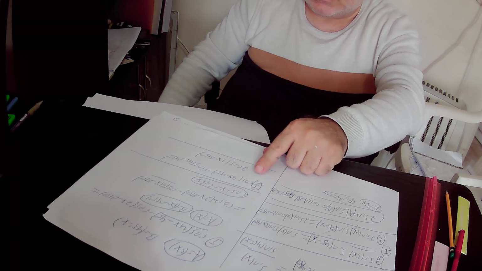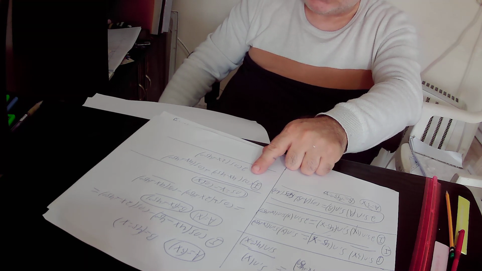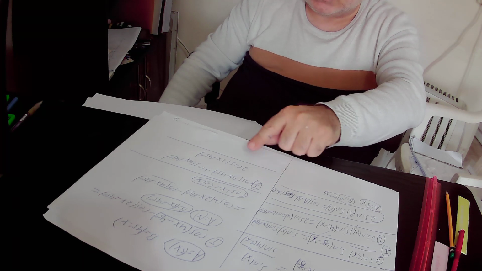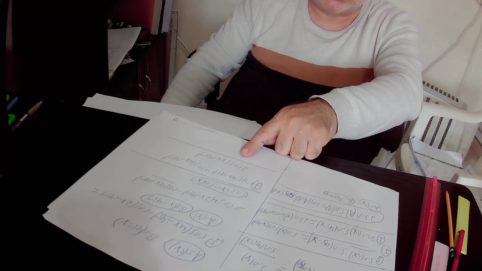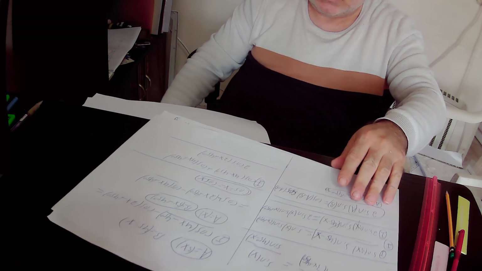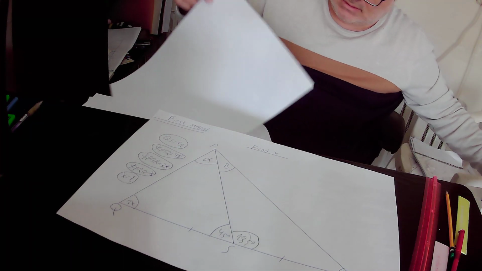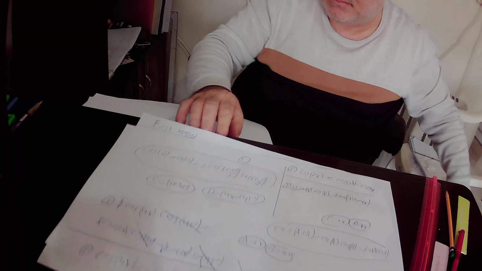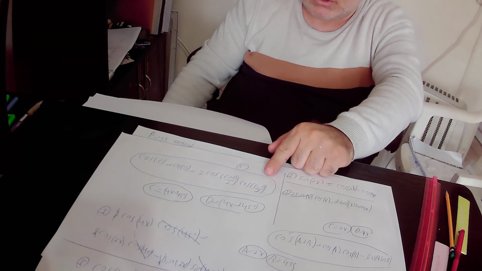Then this expression, cosine 4x minus 45 degrees plus cosine 4x plus 45 degrees, is very similar to the trigonometric identity of cosine C plus cosine D. This expression, cosine 2x plus 45 degrees, is similar to the expression of cosine A plus B. So we used the trigonometric identity that states that cosine C plus cosine D equals 2 cosine C plus D over 2 times cosine C minus D over 2.